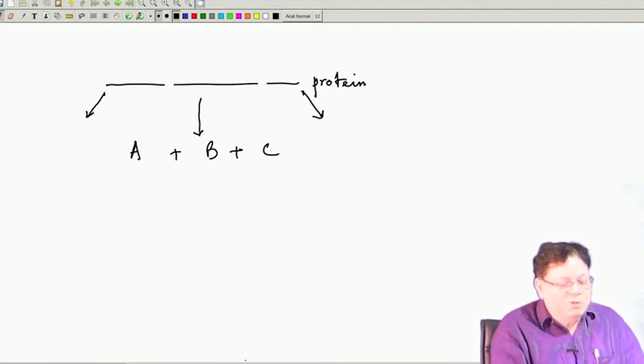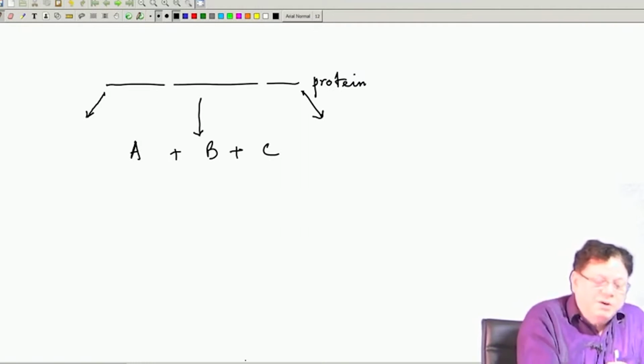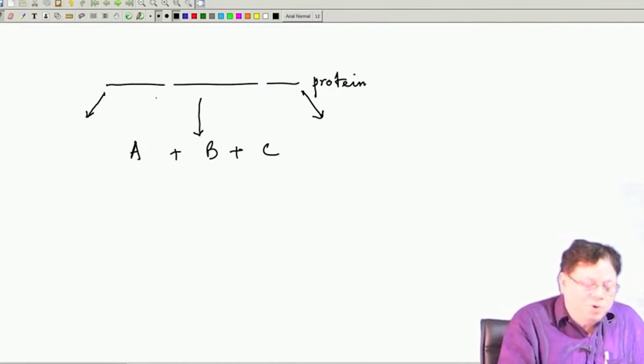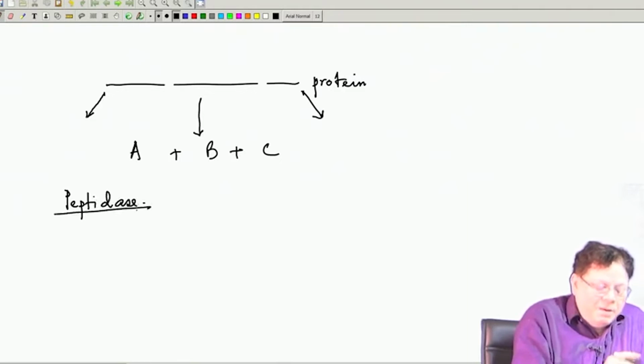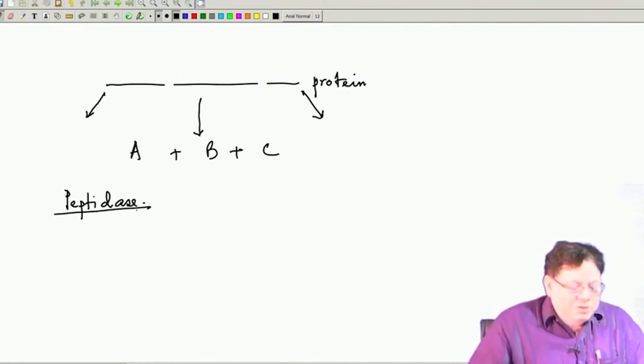Because these enzymes break the peptide bond, they are collectively called peptidase.